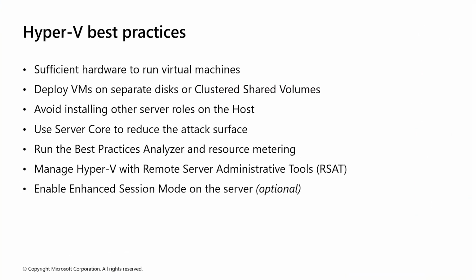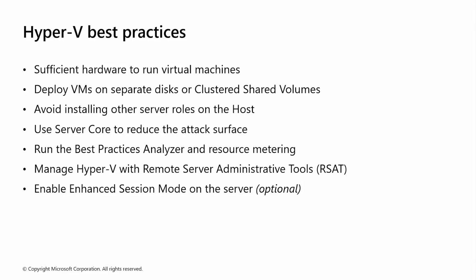To achieve optimal performance and security when using Hyper-V, it is essential to follow several best practices. Start by ensuring that your hardware is sufficiently powerful to accommodate all the virtual machines you plan to run. To enhance both performance and reliability, consider deploying your virtual machines on separate disks or use clustered shared volumes.